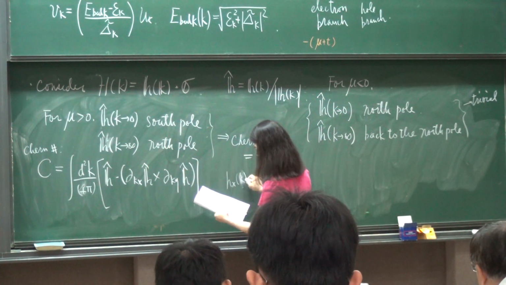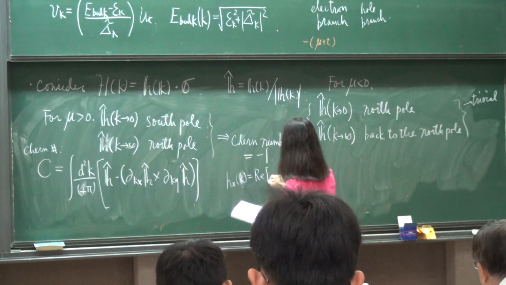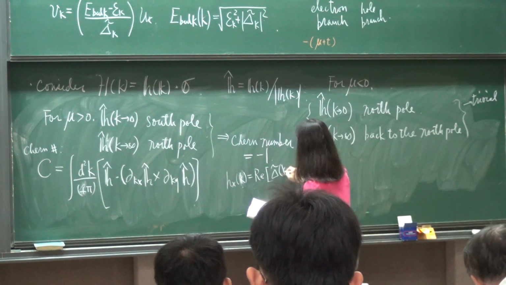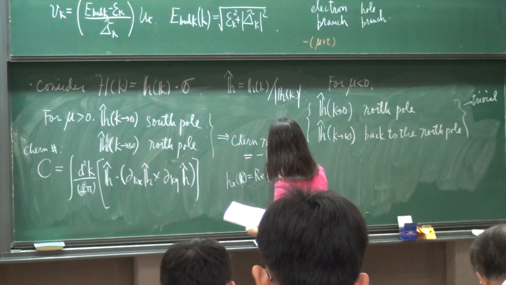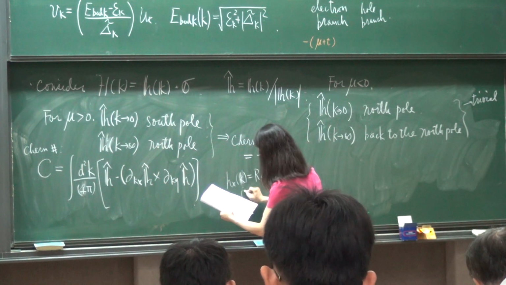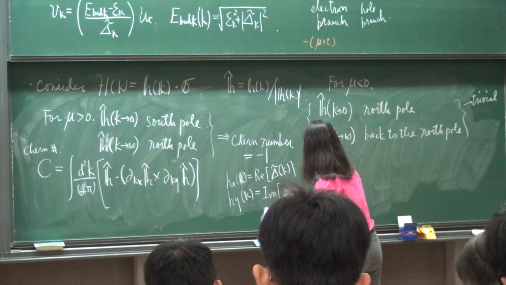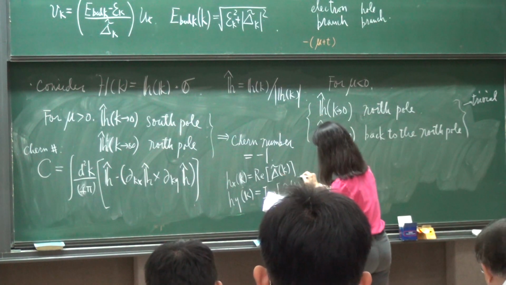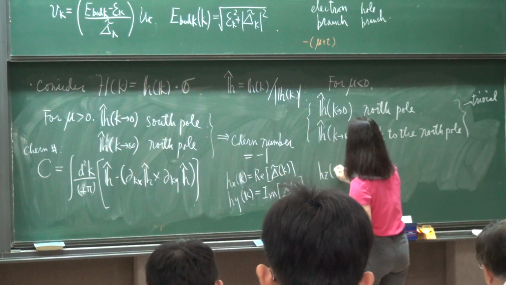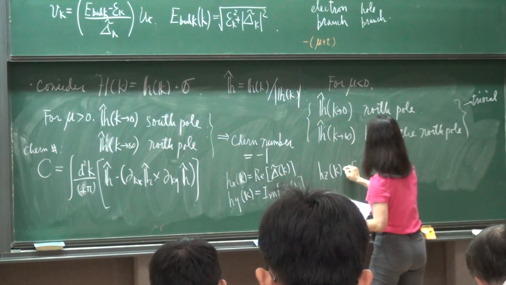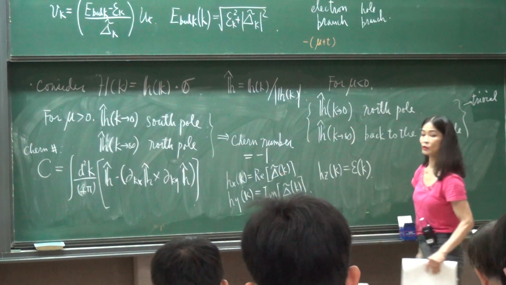These things actually have meanings. This is the real part of the superconducting gap. And h_y is the imaginary part of the superconducting gap. And h_z is the normal component, the normal state energy.